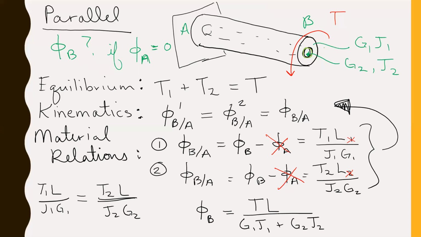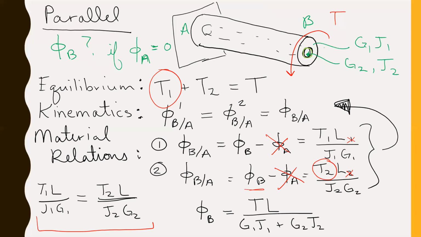So the way you get that, once again, is by solving this equation for, say, T1, plugging it in here for T1. Now you can solve that. That now will be a function of T2 in two different terms. You solve for the value of T2. You then plug in here for T2, and you're solving for the rotation at B.